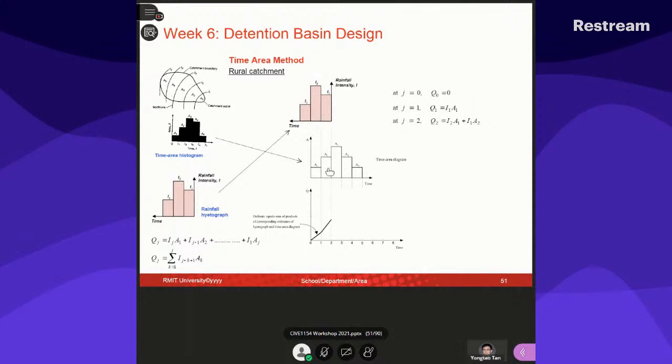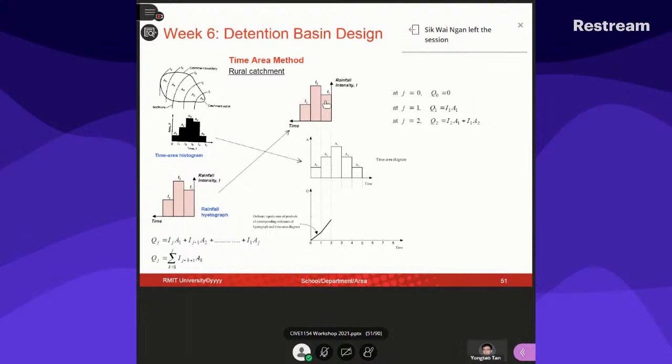For time t2, there are two contributing areas, A1 and A2. The intensity on A1 changes to I2, and the rainfall intensity on A2 is I1.